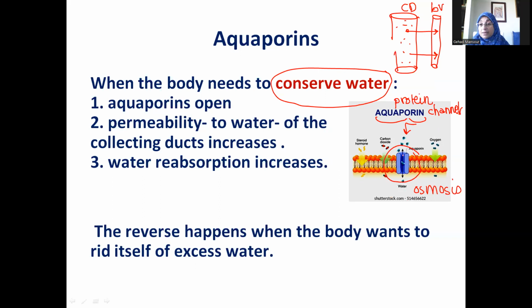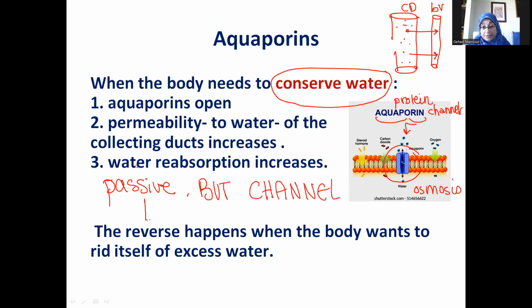This is facilitated osmosis, because we know that whenever we have a passive type of transport that does not require energy, but requires a protein channel, then this passive transport is a facilitated diffusion. And here it would be not facilitated diffusion, but facilitated osmosis.